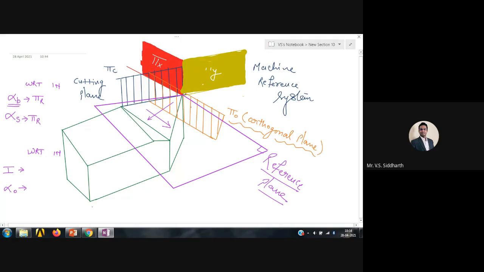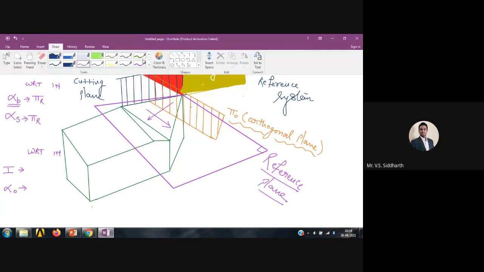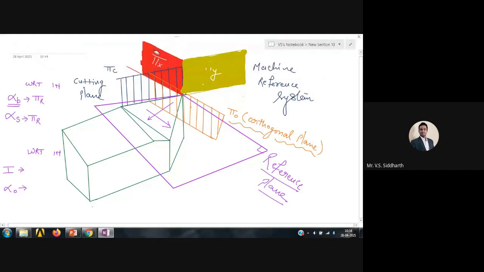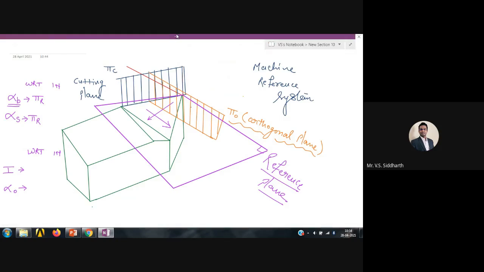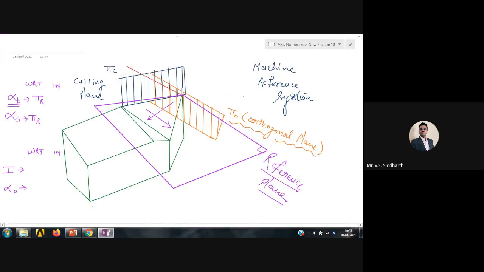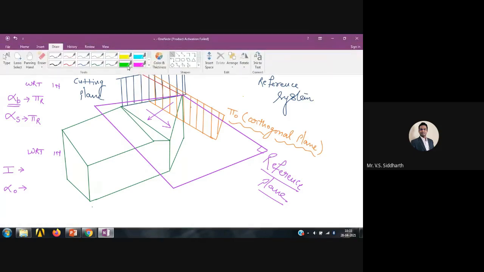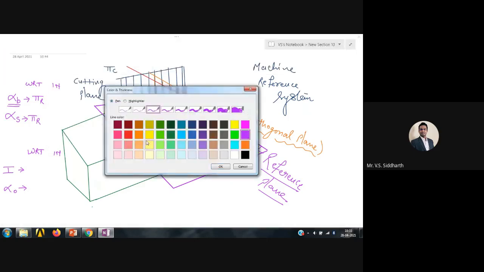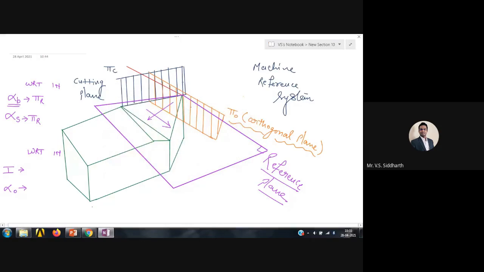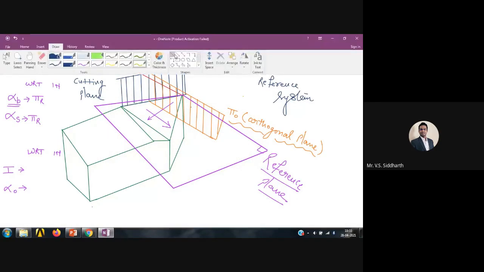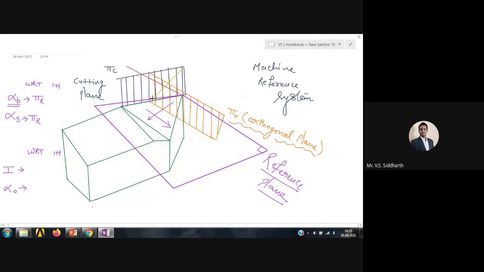Now all of you listen carefully. For a moment, I am rubbing these two planes, and I'm drawing the pi y plane here.